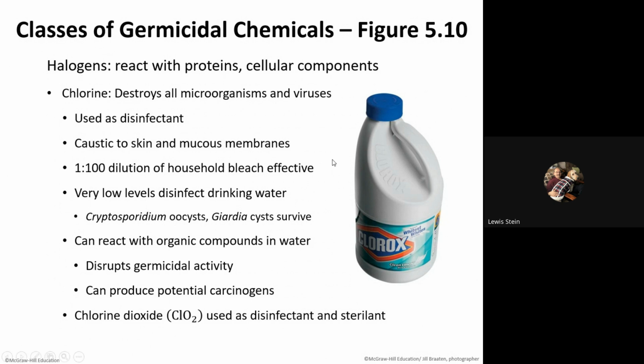notice the white opaque bottle. Whether you buy it at Walmart or you buy it here, they're going to come in that bottle. It's a sterilant. When used appropriately, we typically use it as a disinfectant because to use it as a sterilant is going to take hours, minimum of 3, as many as 12 hours. It's very caustic. It's nasty to breathe. You take it and you dilute it.